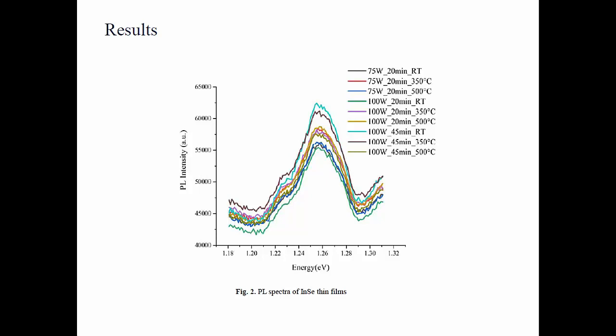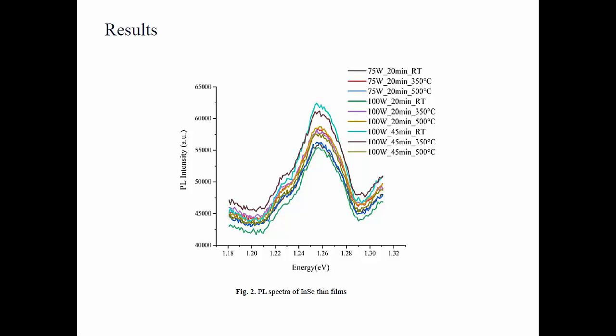After that, we characterized those thin films with the help of a photoluminescence spectrometer. From that we see that the band gap of that material is around 1.25 eV. This band gap of 1.25 has very good utility in the range of 700 to 900 nanometers, which is a wavelength of optical fiber communications also.